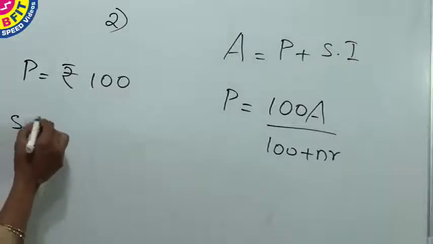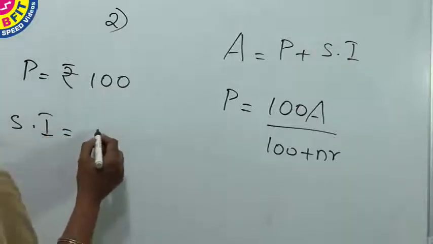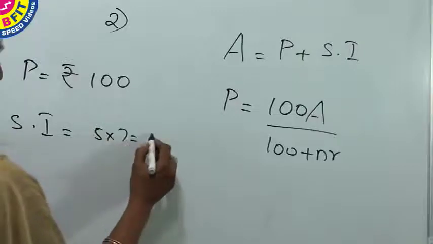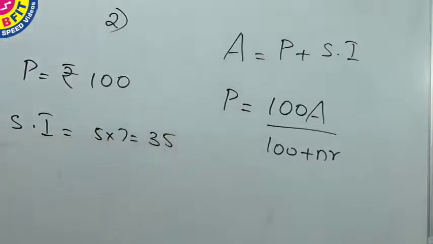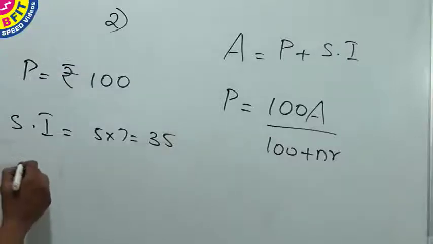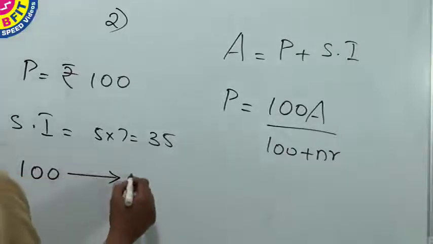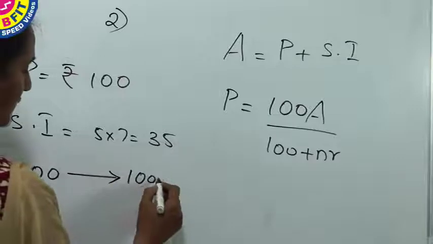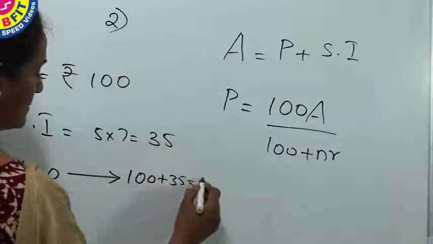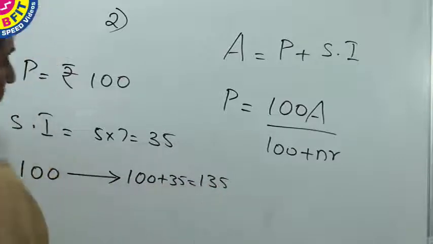So interest on a sum of rupees 100 at 5% and 7 years is rupees 35. And as the amount is given, we'll calculate for the amount. Say if the sum deposited is 100, the amount got is 100 plus 35, which is equal to 135.